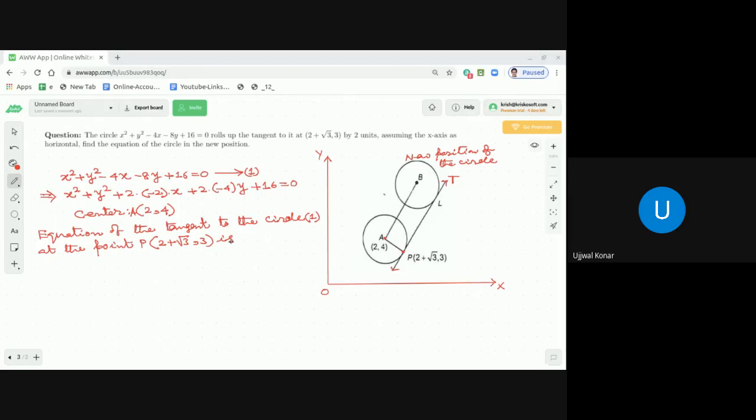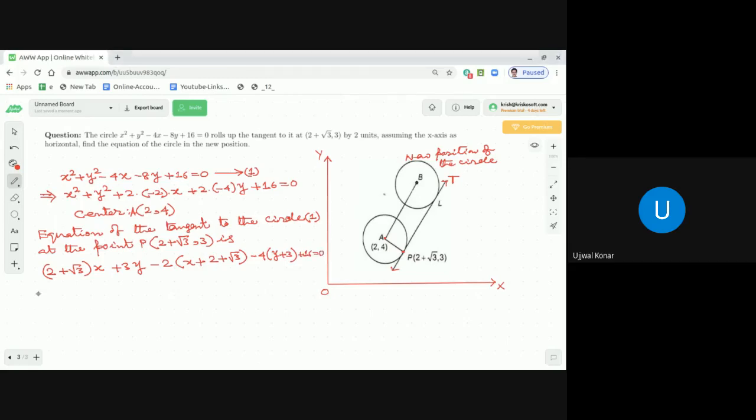If you recall the tabular form, it becomes (2 plus root 3) into x, plus 3 into y, minus 2 into (x plus 2 plus root 3), minus 4 into (y plus 3), plus 16 is equal to 0.